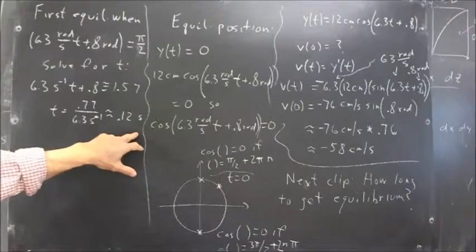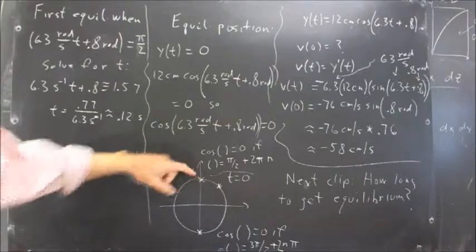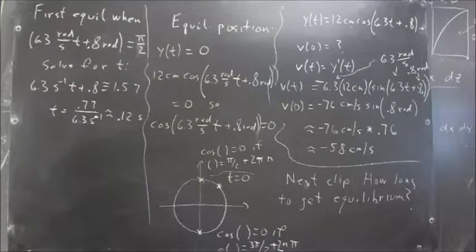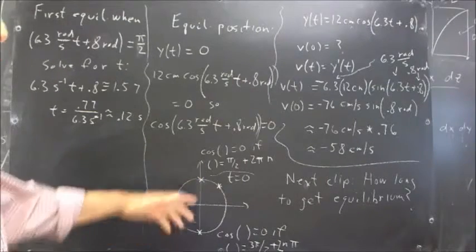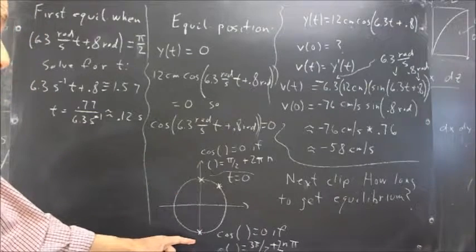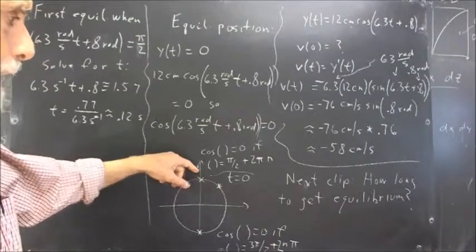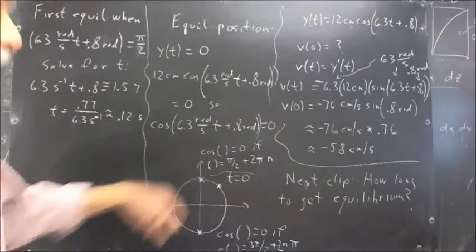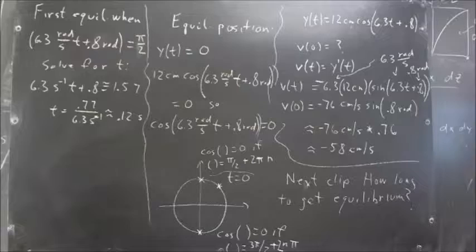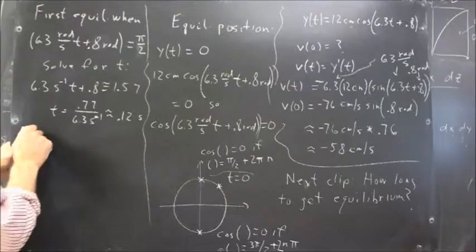Okay, so you see how we can solve for when this oscillator reaches this position. Now we could also solve for the next time the oscillator reaches the equilibrium position, which would be down here, and then the next time, which would be back up here, but we'd have plus a 2 pi and all that stuff. Not going to do that right now. I'm going to go to some other questions.